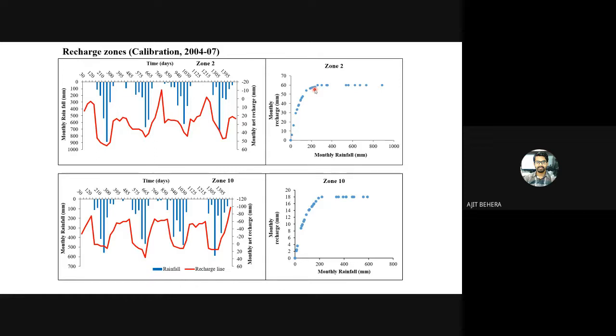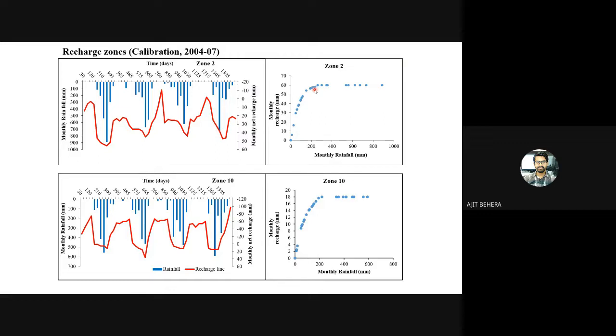That means the aquifer system has a certain capacity. After that capacity, if continuous rainfall occurs, no further recharge takes place. Sometimes you may be aware of the waterlog condition.